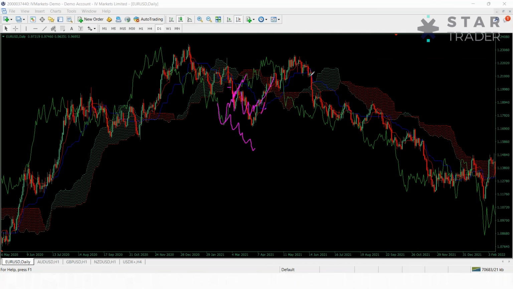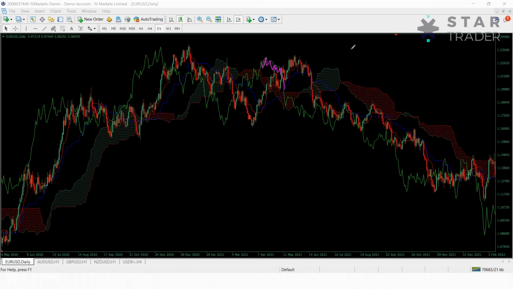But over here again, let me raise everything. Okay, over here you can see again the Chiku span broke below the market. This was another sign that, okay, the market is actually shifting its trend.